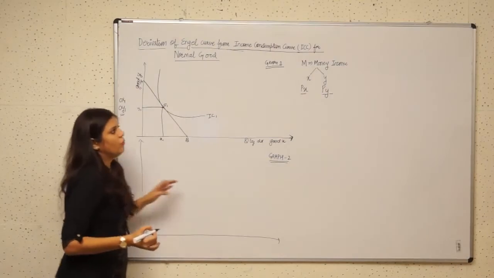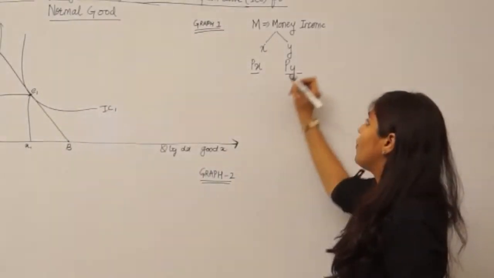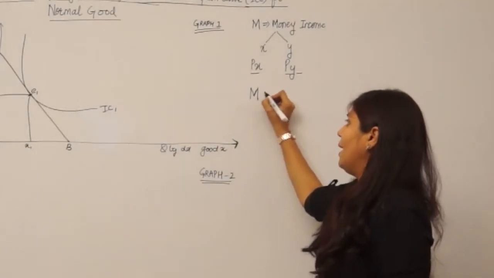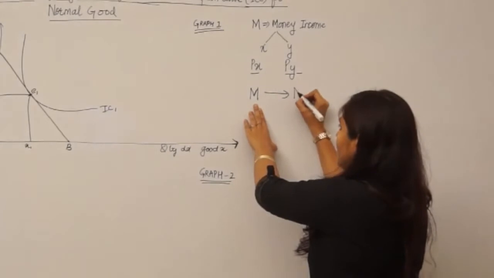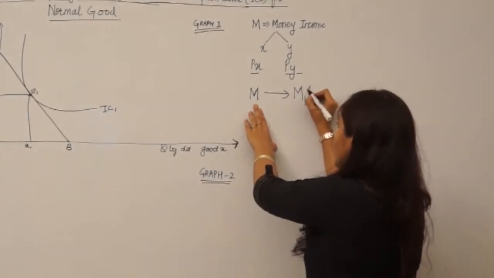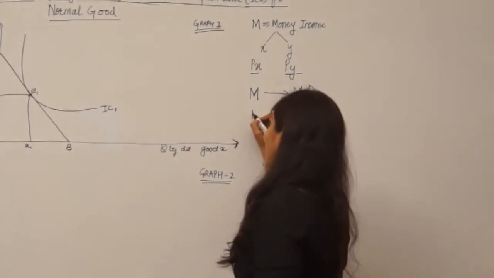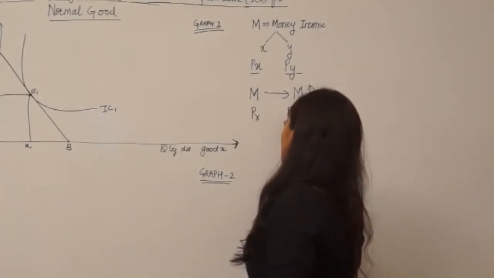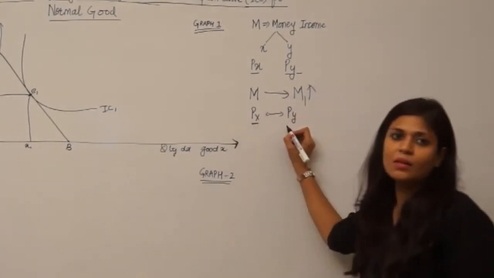Now we assume that there is an increase in the money income of the consumer, from M to M1, while the prices of commodities X and Y remain unchanged as Px and Py.